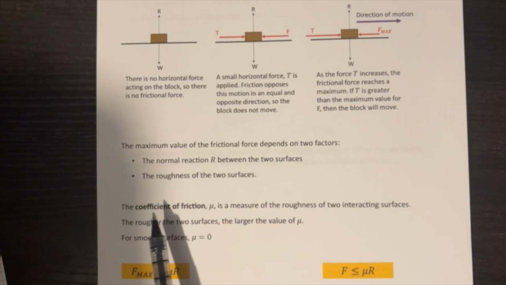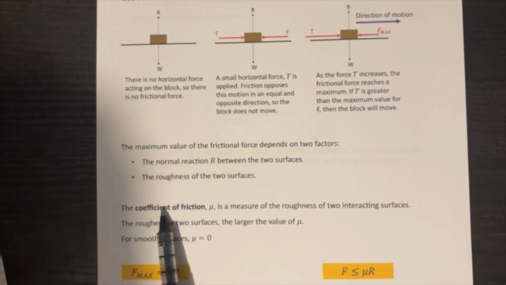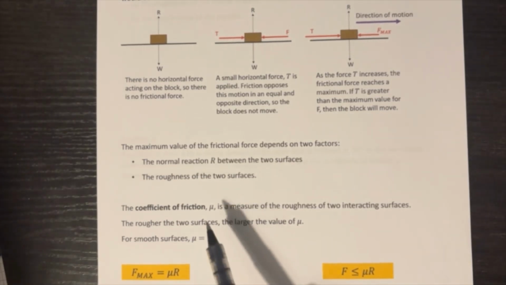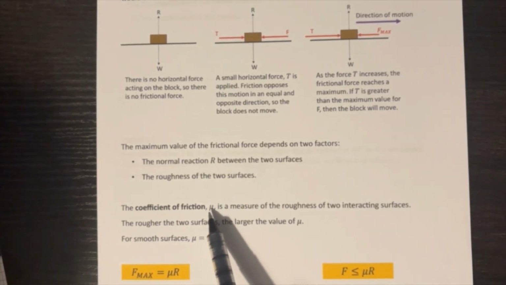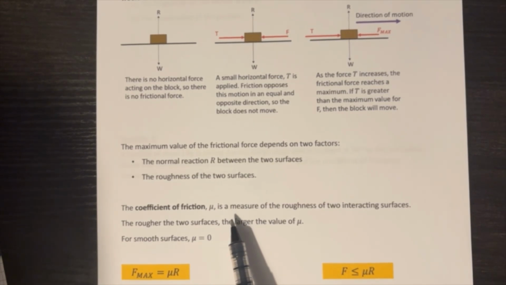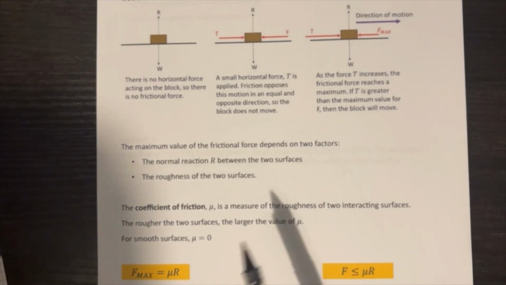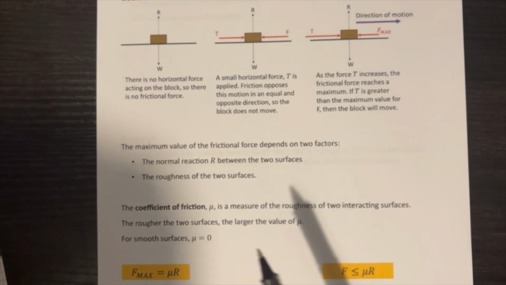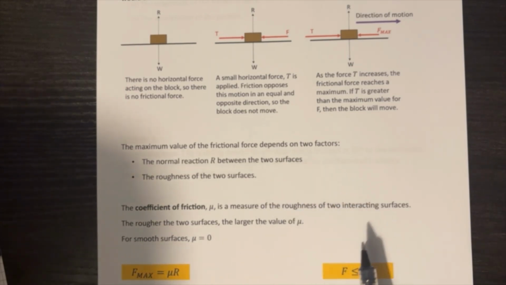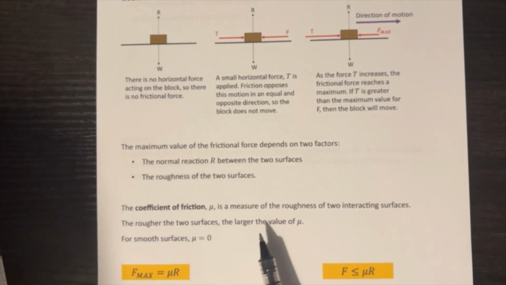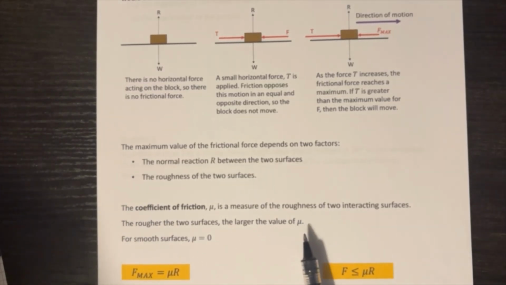One way we can measure that is using something called the coefficient of friction. We use the Greek letter mu for the coefficient of friction. That is a measure of the roughness of two interacting surfaces, so it's talking about the specific interaction between those surfaces. The rougher the two surfaces, the larger the value of mu.